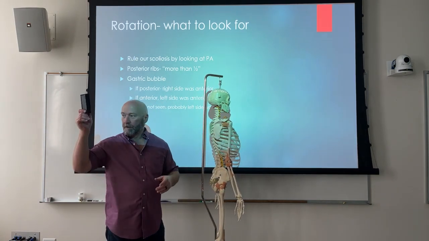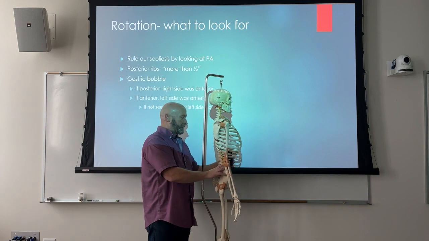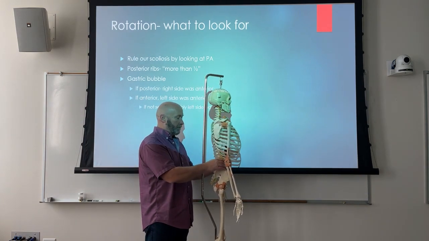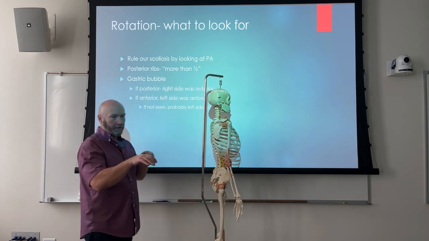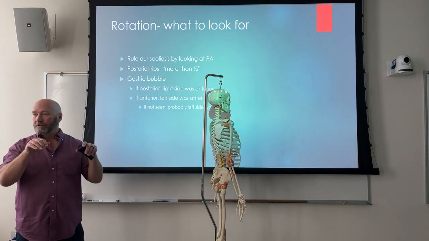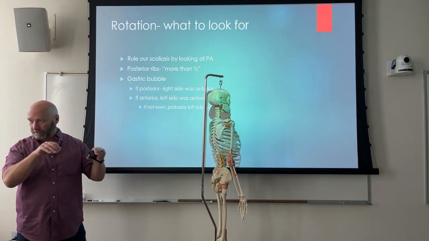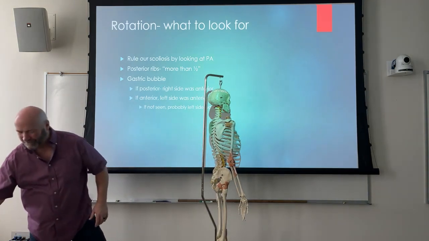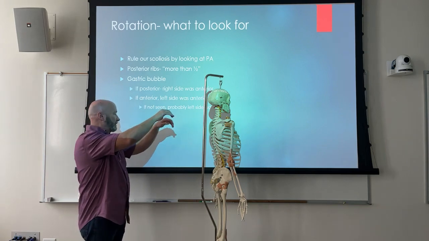So, stomach, right? So we got a stomach, and if we have rotation, what you're gonna see is anterior to posterior separation of the diaphragm, domes of the diaphragm, right? So they should be right on top of each other for good lateral. Should look like this.